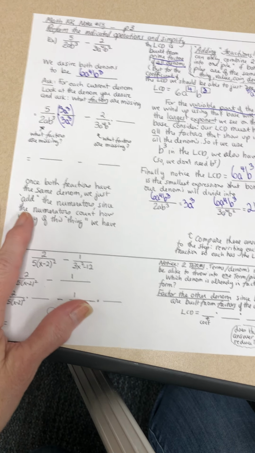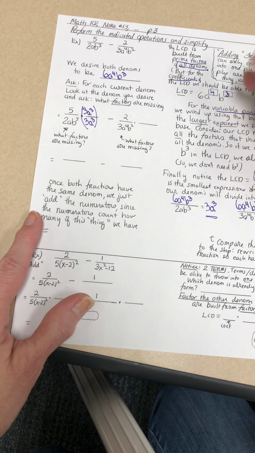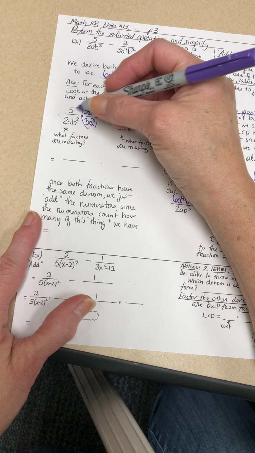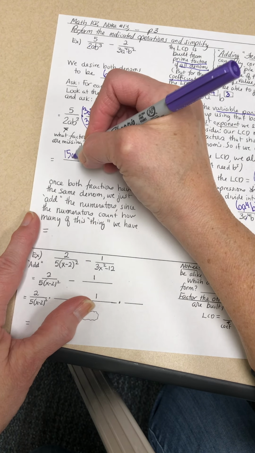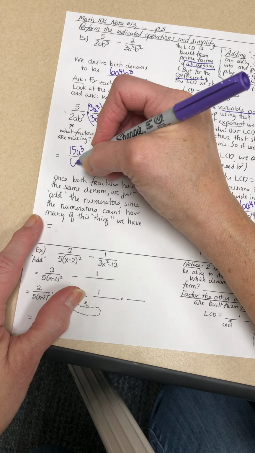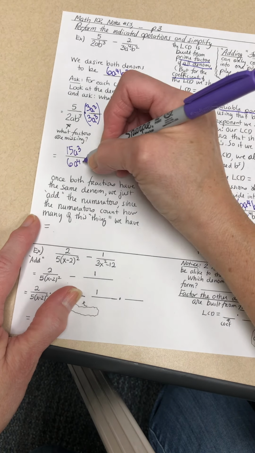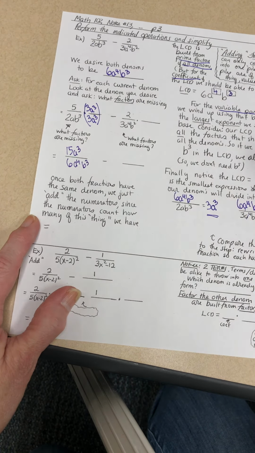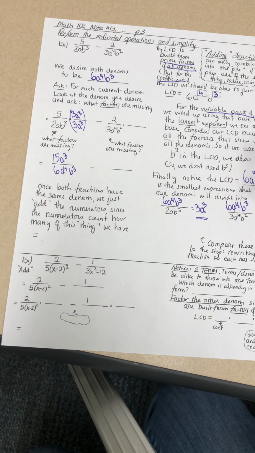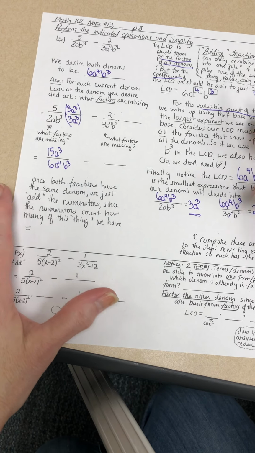Notice, by the way, we saw that 3a cubed over here. Okay, now let's finish this. This will be 15a cubed over 2 times 3 is 6. A times a to the third is a to the fourth, b cubed. So I got my desired result. I now have a denominator of 6a to the fourth b cubed.